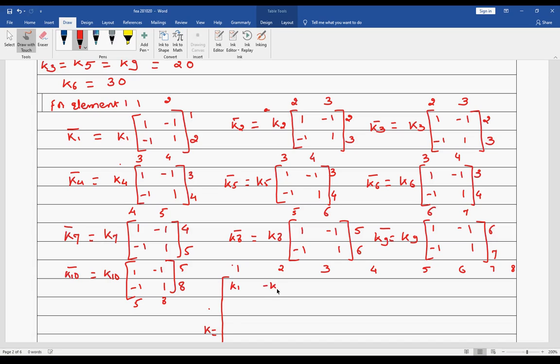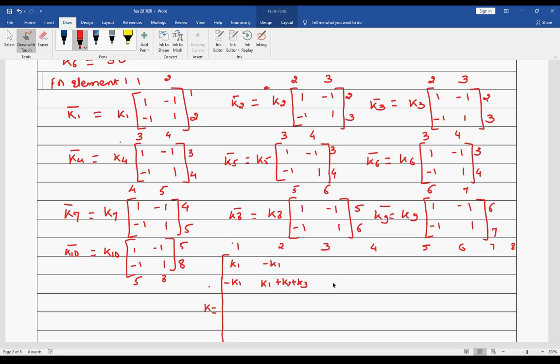So K1 minus K1 minus K1, K1 plus K2 plus K3, then maybe minus K2 minus K3, K2 plus K3, plus 3, plus K4, plus K5, plus K6.